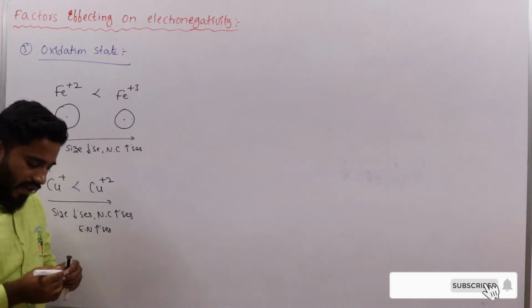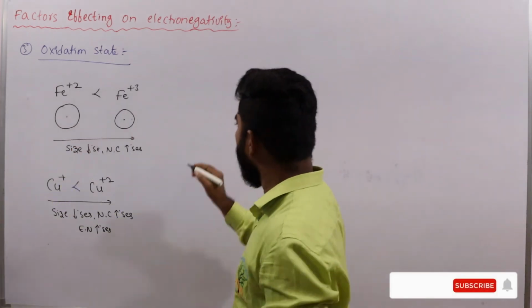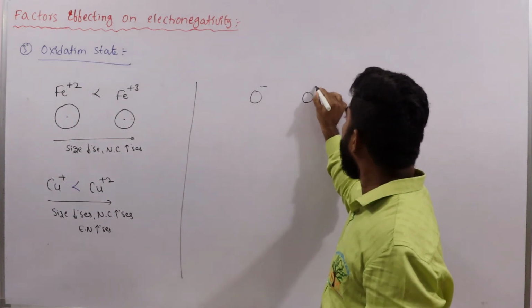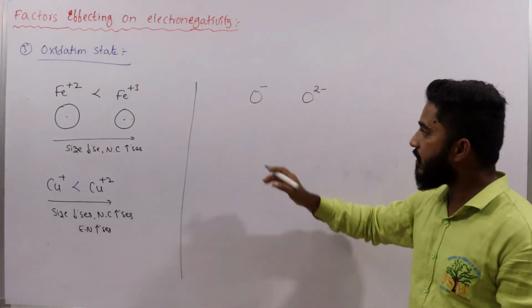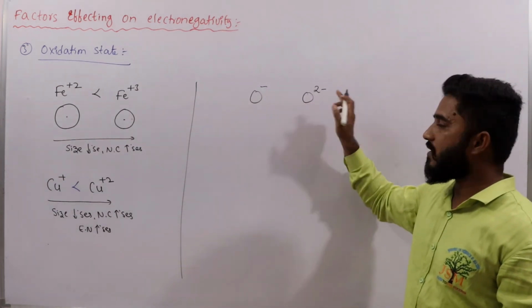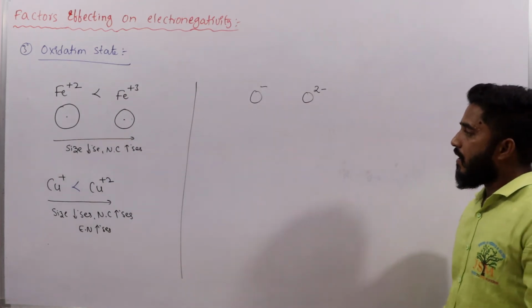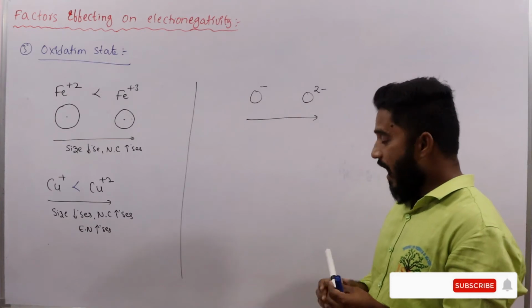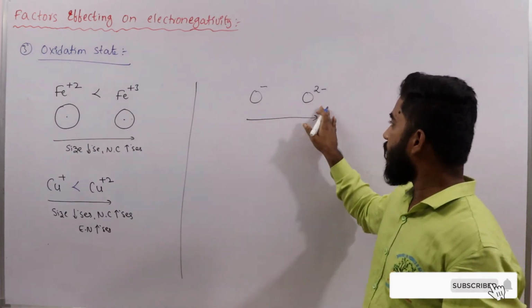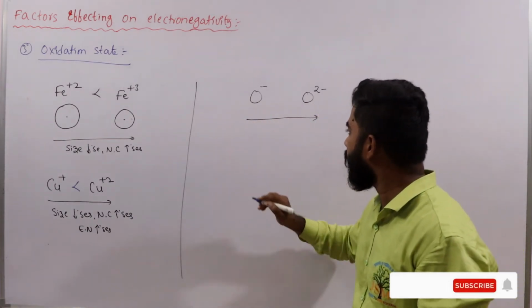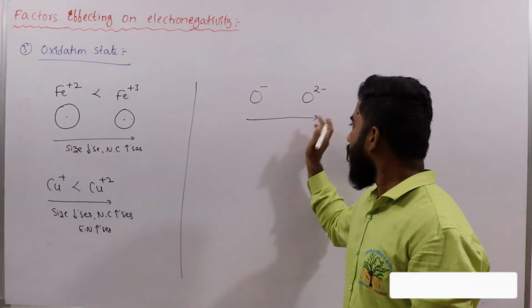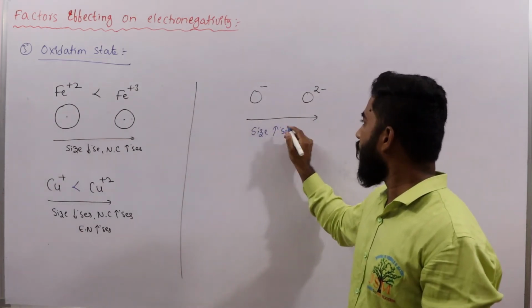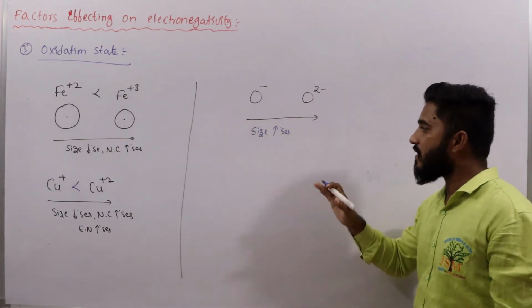So let us take some anions, for example, O- and O2-. Oxygen with one negative charge, oxygen with two negative charges. From the atom with -1 to the atom with -2, as the negative charge increases, size increases.